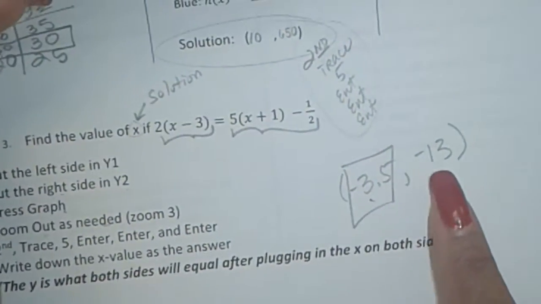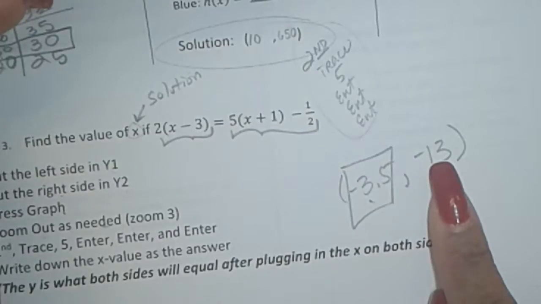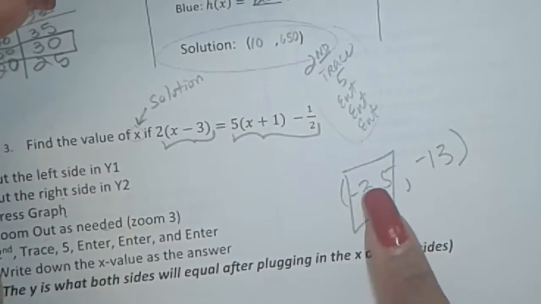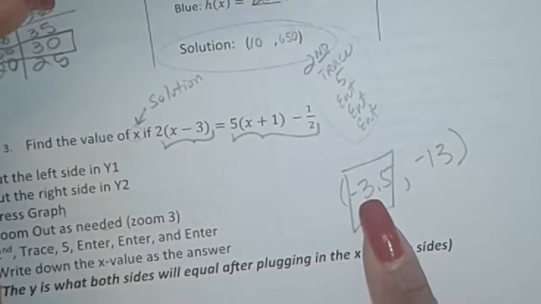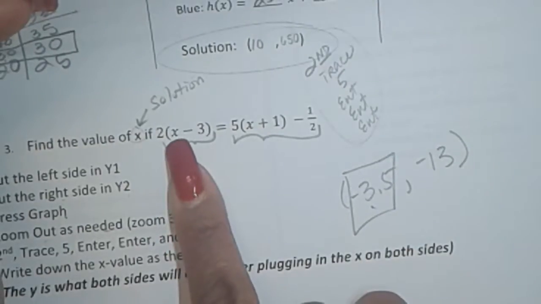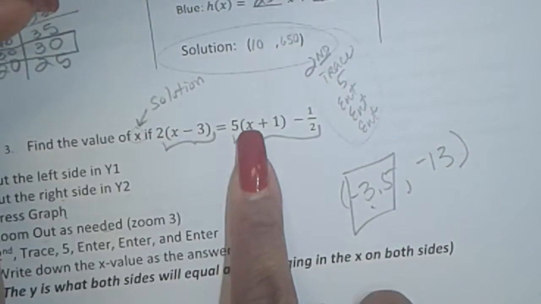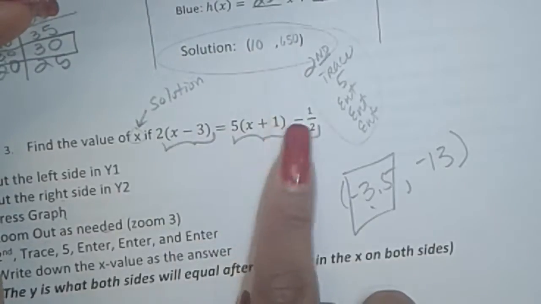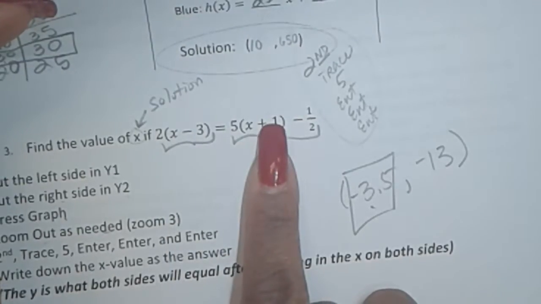Now, what does the negative 13 stand for? Well, when you take negative 3.5 and plug it in right here and right here, guess what both sides will equal? Negative 13. Let's try it.